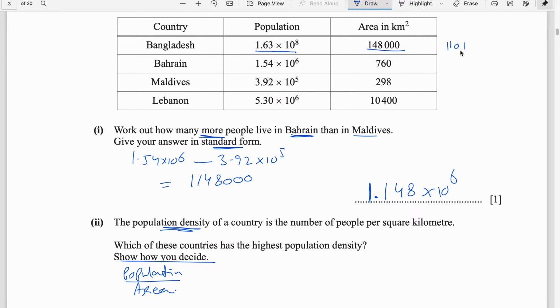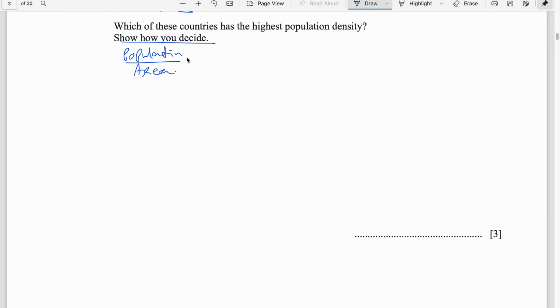We get 1101, ignoring the decimal numbers. And moving on, we get 2026. For the next one, this is 13, 15, and the last one is 509. So the highest is 2026, which is for Bahrain.